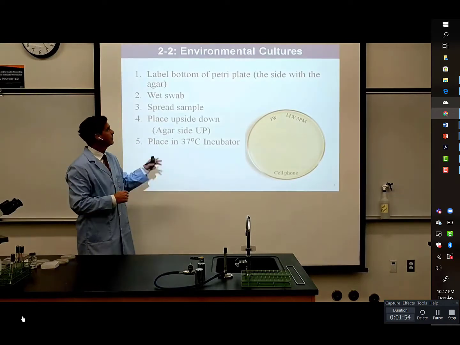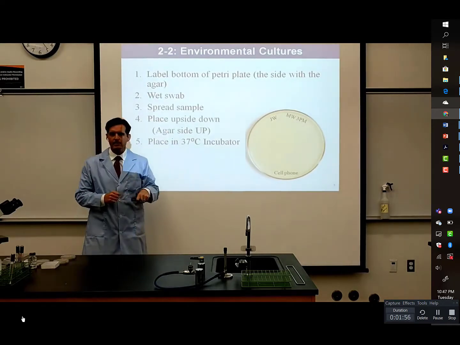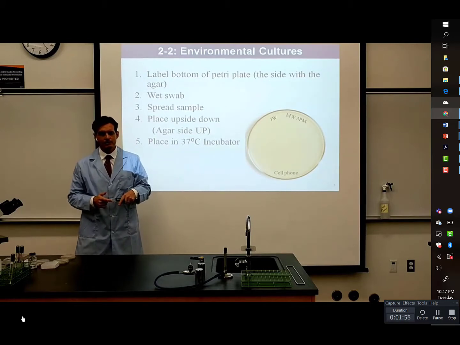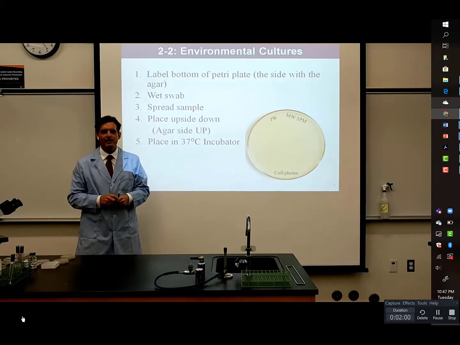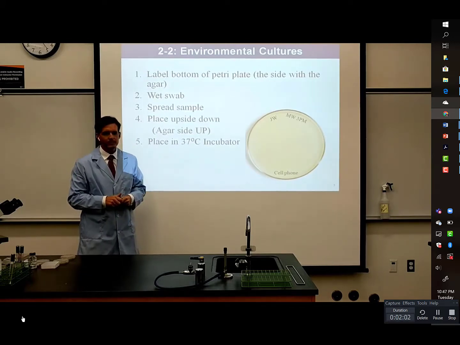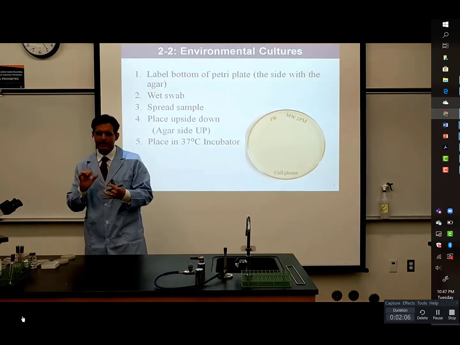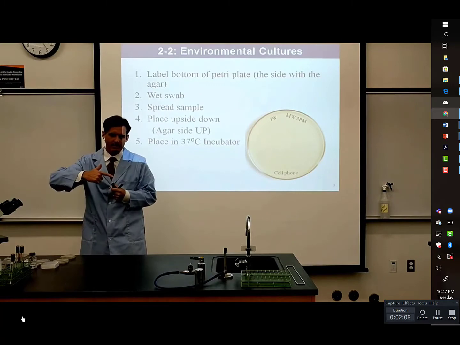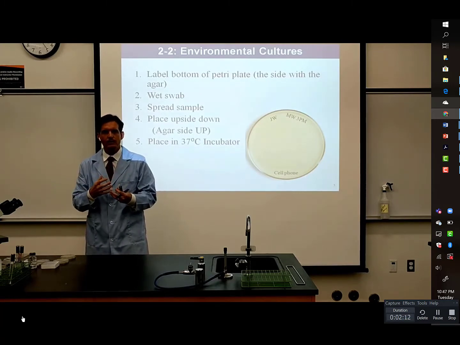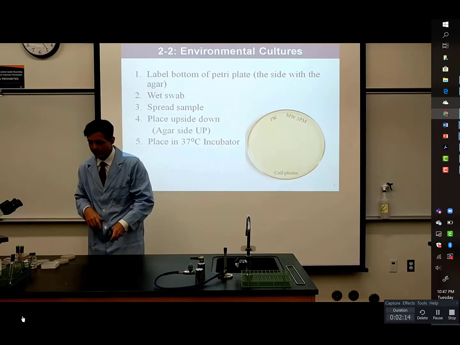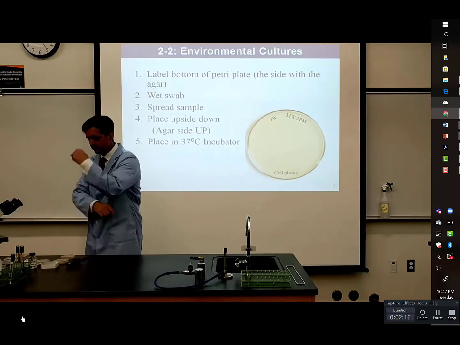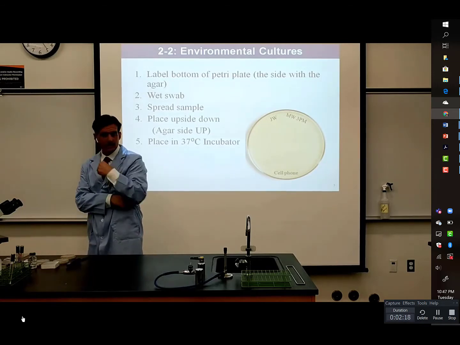And so we're going to follow these steps to taking a sample from the environment and then seeing what's lurking that's microscopic. What could be there, but you can't see it, right? It's micro. And yet we're going to grow up these organisms to visible numbers, all right? So let's follow the steps, okay?